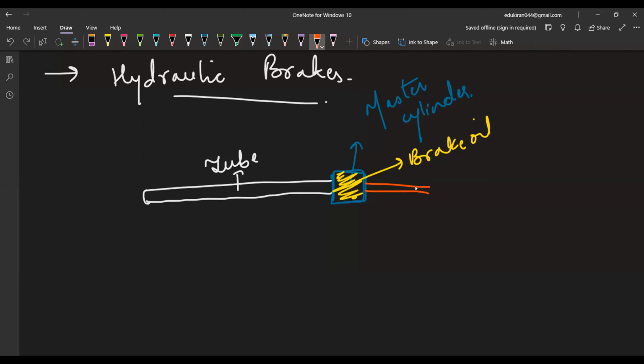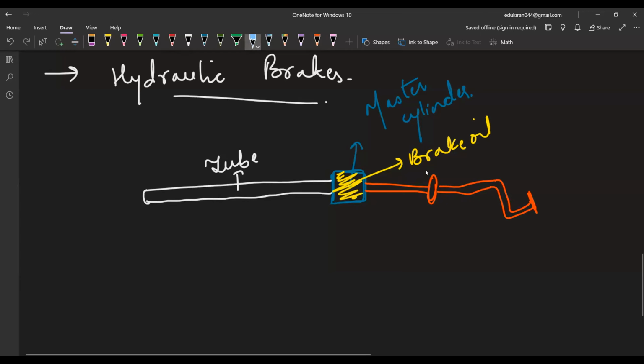Like the syringe, where a piston is present, a movable device which is present to compress air. So likewise, a piston is present with a lever system. And this is further connected to the brake pedal system of the vehicle.